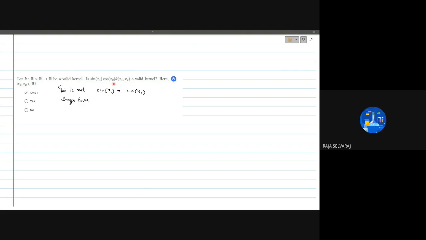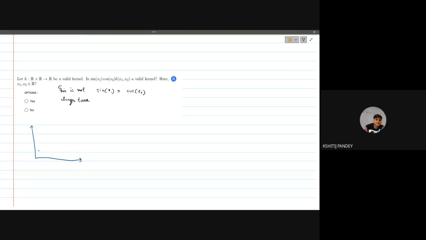You could write it like this: sine of x1 is not equal to cos of x2. For particular values of x1 and x2 they will be equal, but always they are not equal. If you remember the graph of sine and cos, you can validate it from there as well.